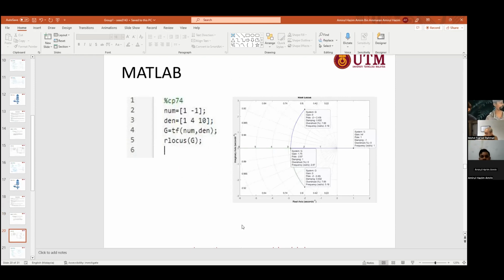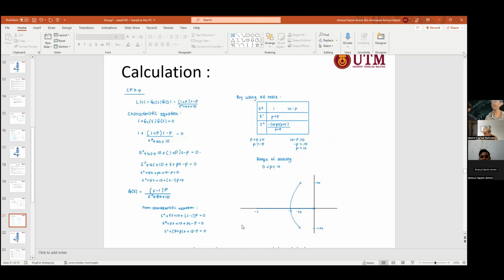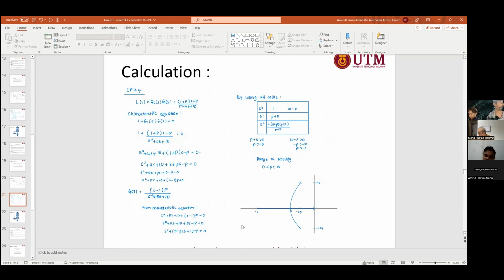Okay, so this is the Matlab simulation. Next. Okay, so for the calculation part, firstly, given the negative feedback, we take the characteristic equation.